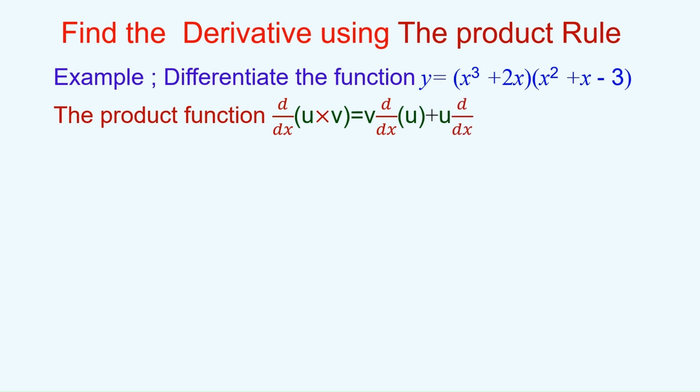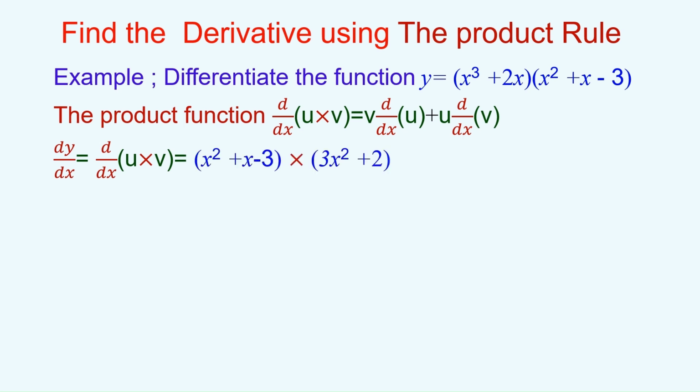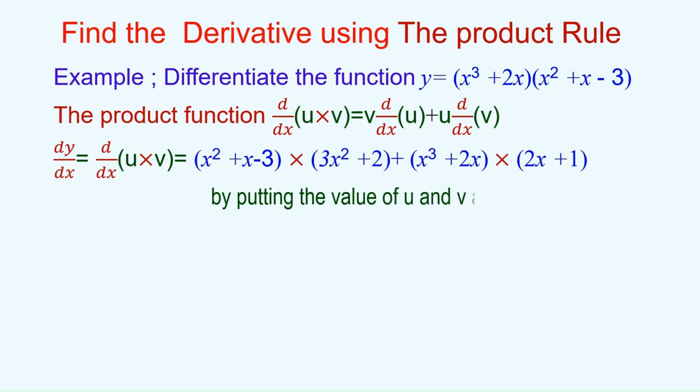The product rule: d/dx of u times v equals v times d/dx u plus u times d/dx v. dy/dx equals d/dx of u times v equals (x squared plus x minus 3) times (3x squared plus 2) plus (x cubed plus 2x) times (2x plus 1).